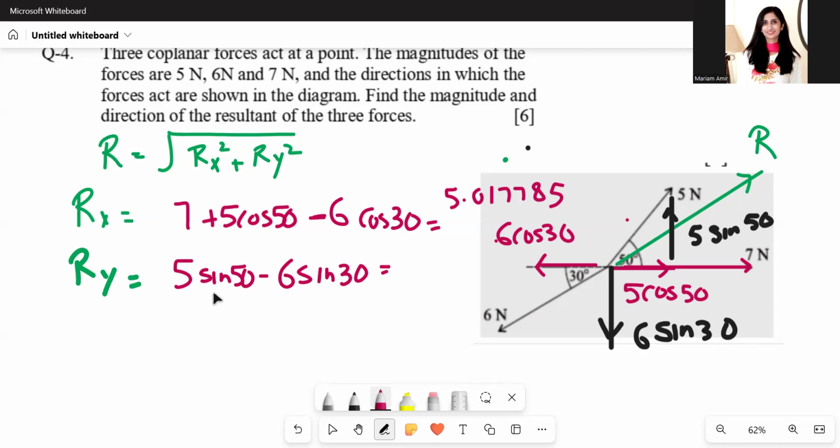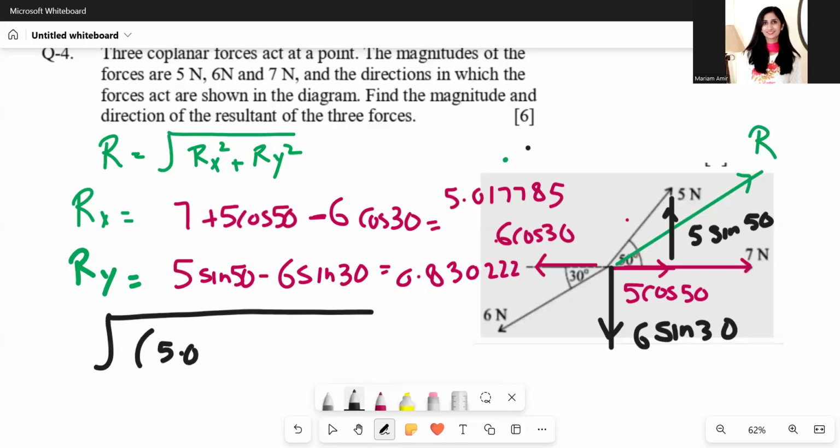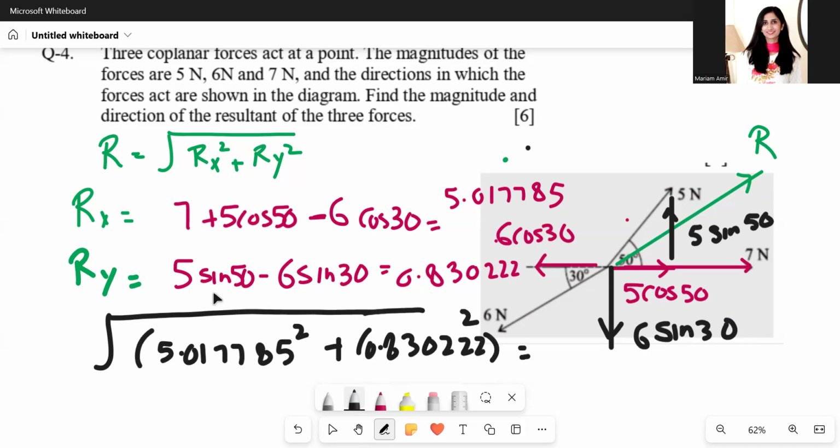And Ry, 5 sine 50 minus 6 sine 30, is 0.830222. So R is the square root of 5.017785 squared plus 0.830222 squared, which gives 5.086, rounded to 5.09 newtons.